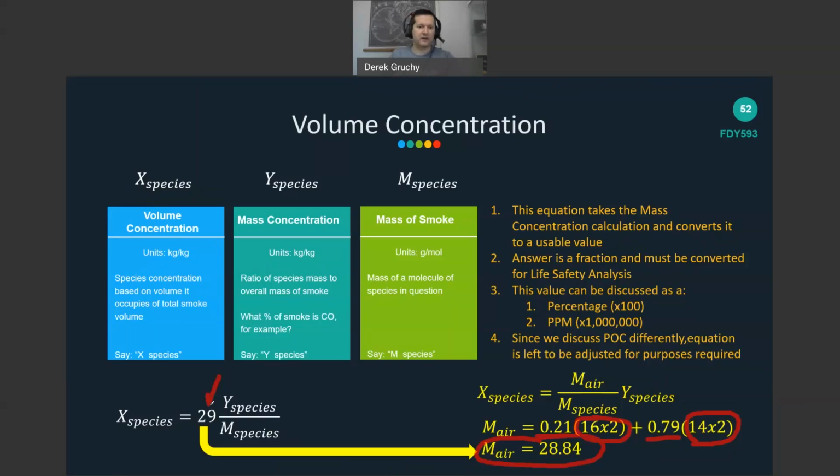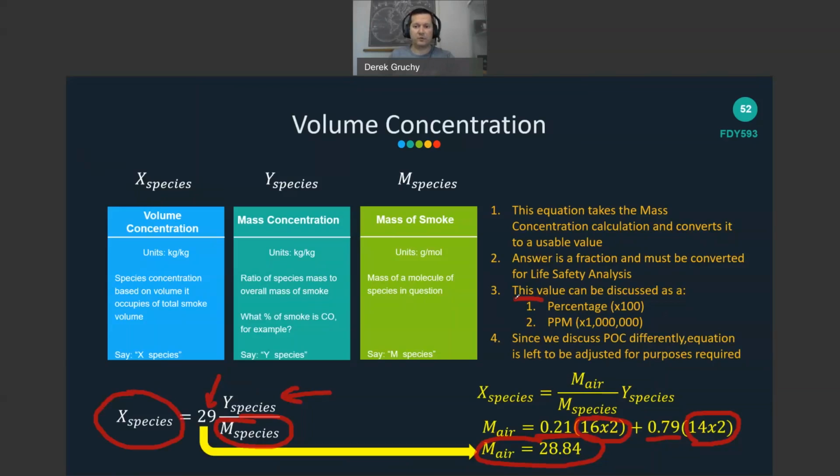It's just the molar mass of air dividing by the molar mass of the species that we're concerned about. And then we multiply that, and that gives us our volume. How much space is the actual species taking up in that relationship with air in the room? And that gives us a better understanding of concentration. So this one, when we're looking at the X species, this is going to be the one that we use in our calculations.